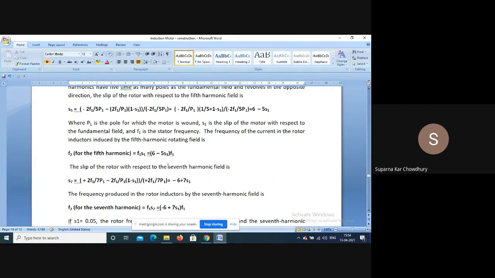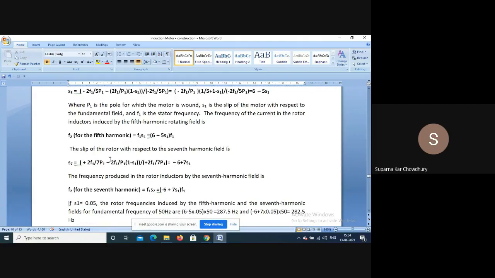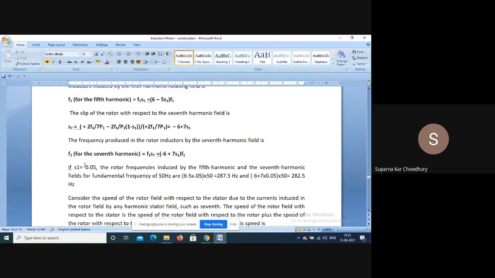Similarly we can derive the slip for the seventh harmonic. The seventh harmonic rotates in the same direction, so S7 will be, putting in the values, minus 6 plus 7 S1. The corresponding rotor frequency will be F1 S7, that is (minus 6 plus 7 S1) F1. Now S1 is the slip, which is very small.